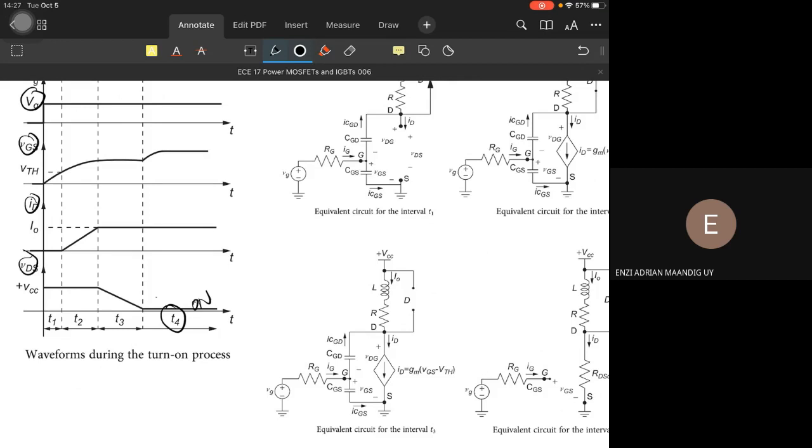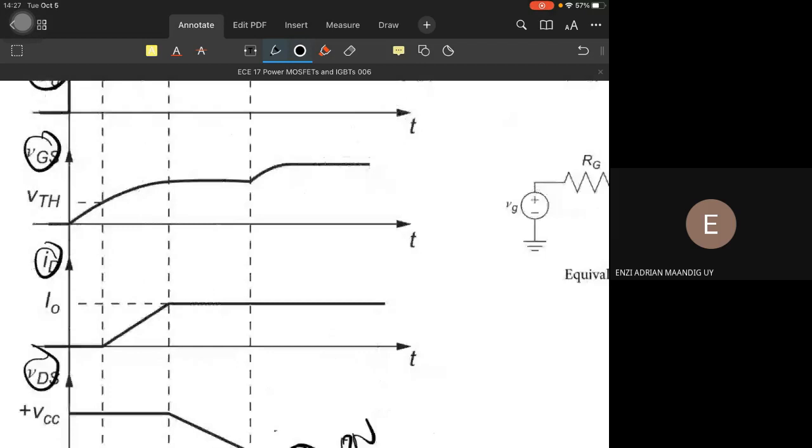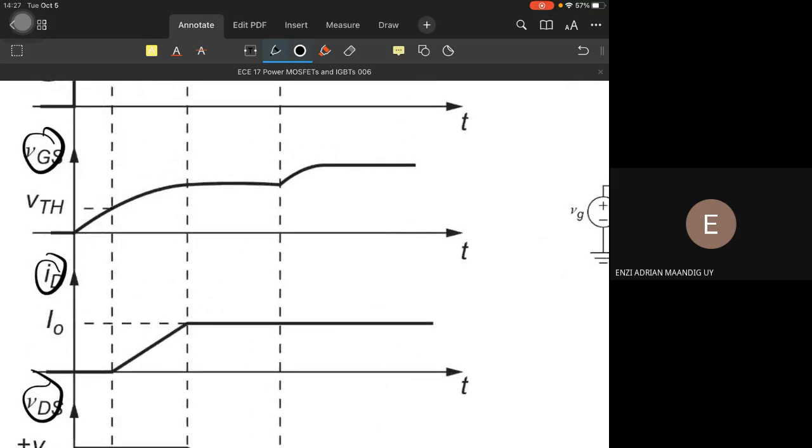So, what is T1? T1, or the first phase, ends when VTH is reached.